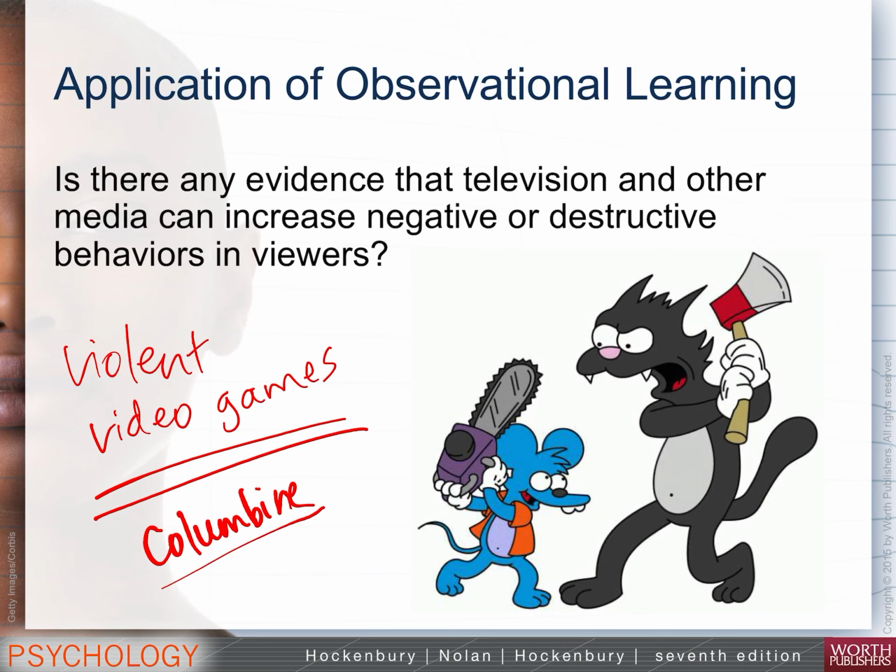Maybe kids who play violent video games are more likely to engage in violence, not because they're playing violent video games, but because they come from a family where there's domestic violence. And so it just so happens that because they're exposed to it, they're going to be more likely to seek out violent video games and violent television shows. That's not the reason why they're imitating the behavior, but just a product of the situation that they're in.